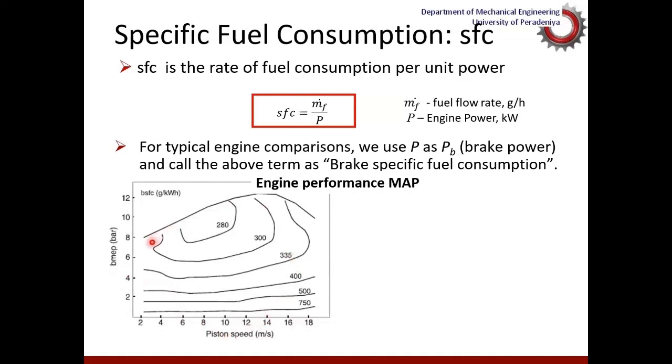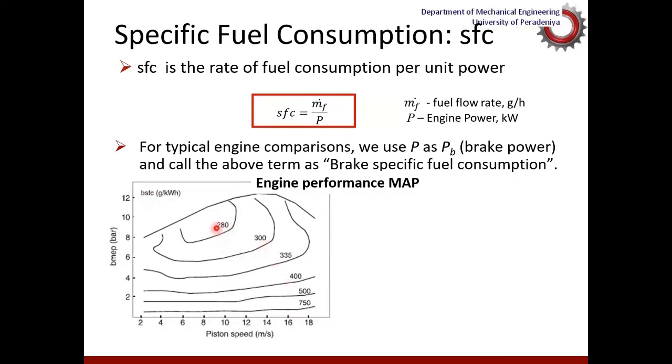The top curve indicates the wide open throttle condition, and the part load conditions are indicated here. This number indicates brake specific fuel consumption. In this case, it is 280 here, 300 here, 335 here, 400 here.